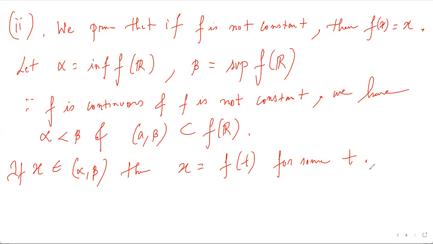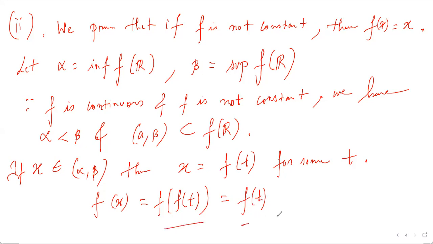Okay, and now we know that when we double compose f, it gets back to f. So let's double compose on both sides. So f of x is equal to f of f of t, and double composing is nothing but going back to f, so f of t, which as we have considered is equal to x.